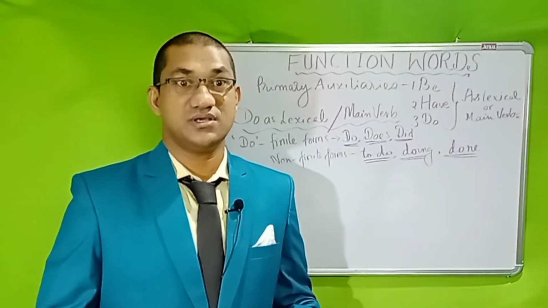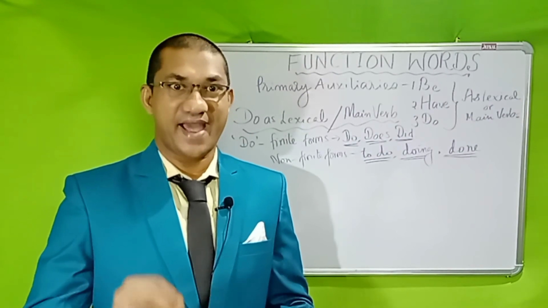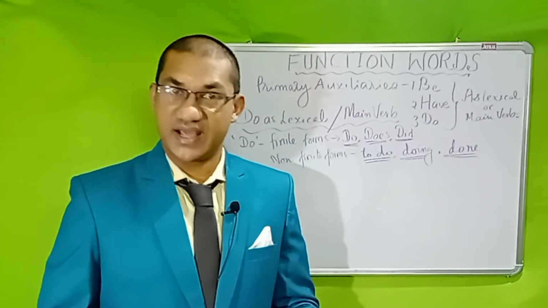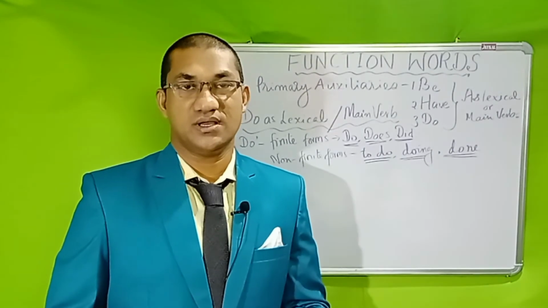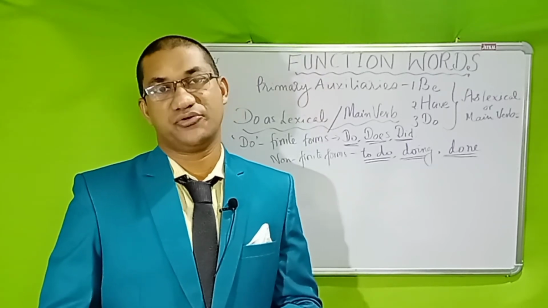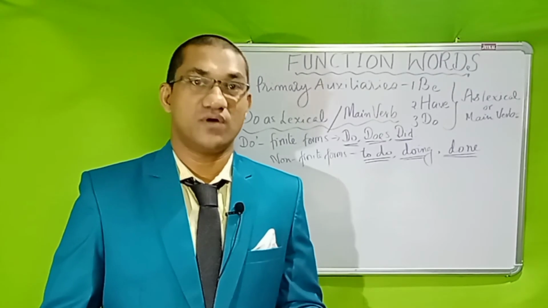We finished the use of the forms of be and have as lexical or main verbs. Today, we are discussing the use of do, the third primary auxiliary, as lexical verb or main verb.